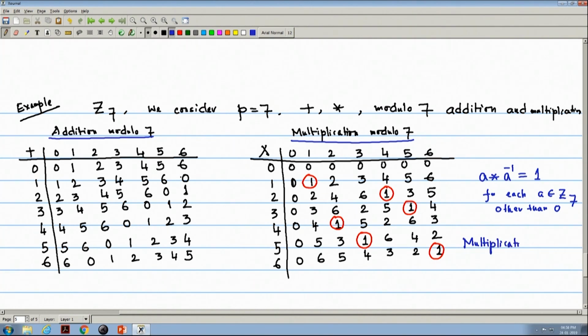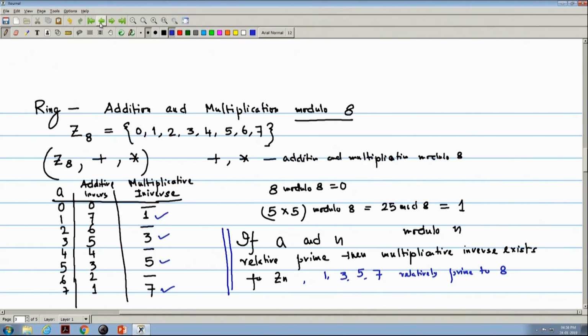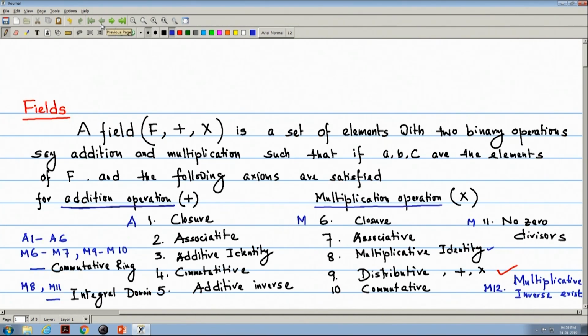Since lastly we have seen, when we discussed addition modulo 8 and multiplication modulo 8, that all the axioms that we have defined for a field should follow: closure, associative, additive identity, it is commutative, and then since it is a commutative ring, we have shown that it is also an integral domain.